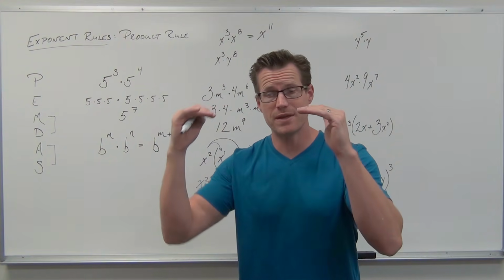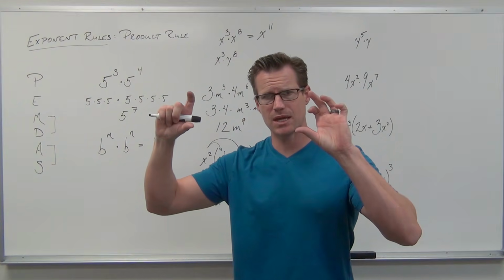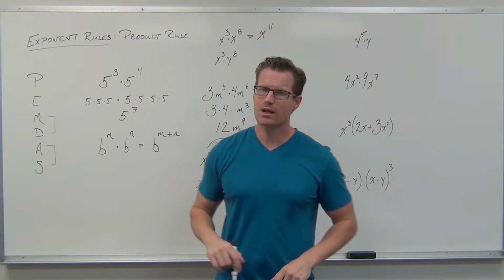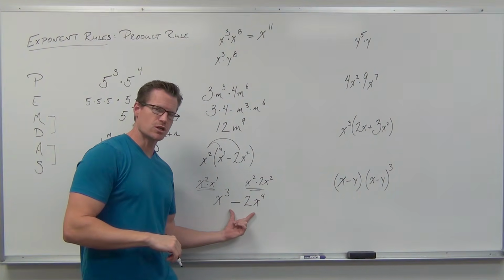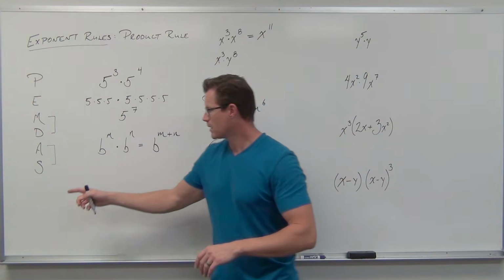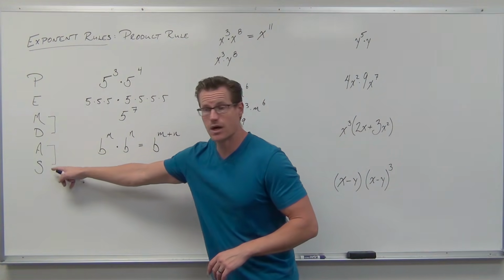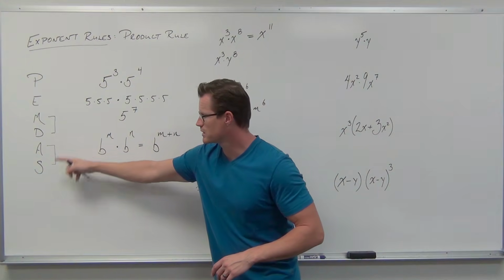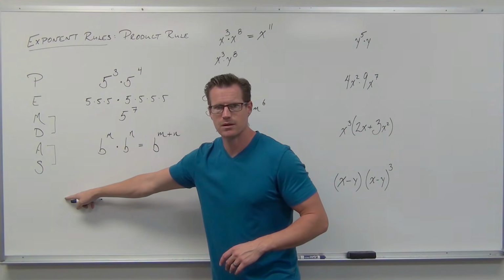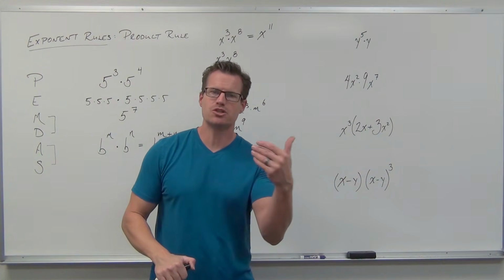They're what you do with the exponents. If you see multiplication, you add the exponents. What if you see addition or subtraction? What do you do with the exponents? Well, let's look. What's below addition? Not subtraction. These are same level. What's below addition? Nothing. What's below subtraction? Nothing. There's no way to change your exponents.